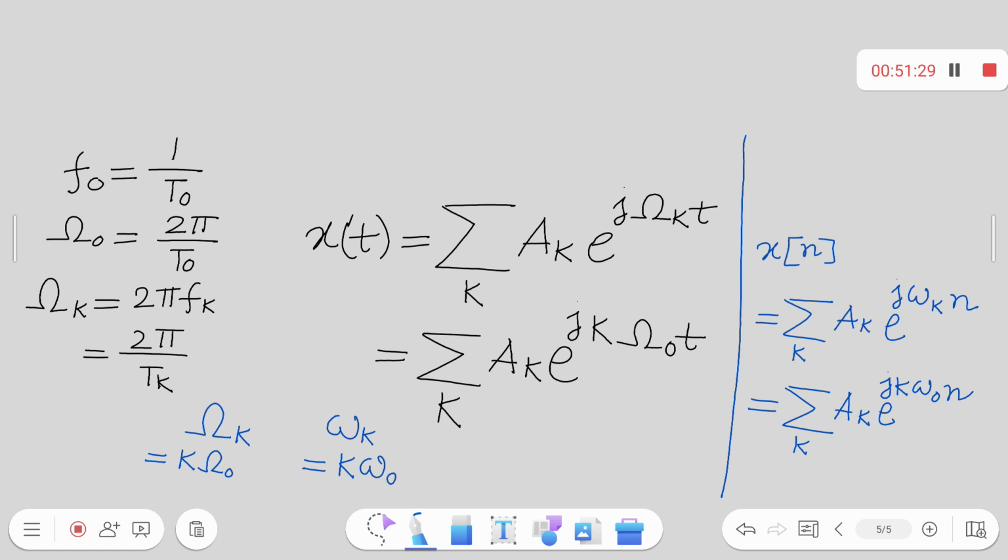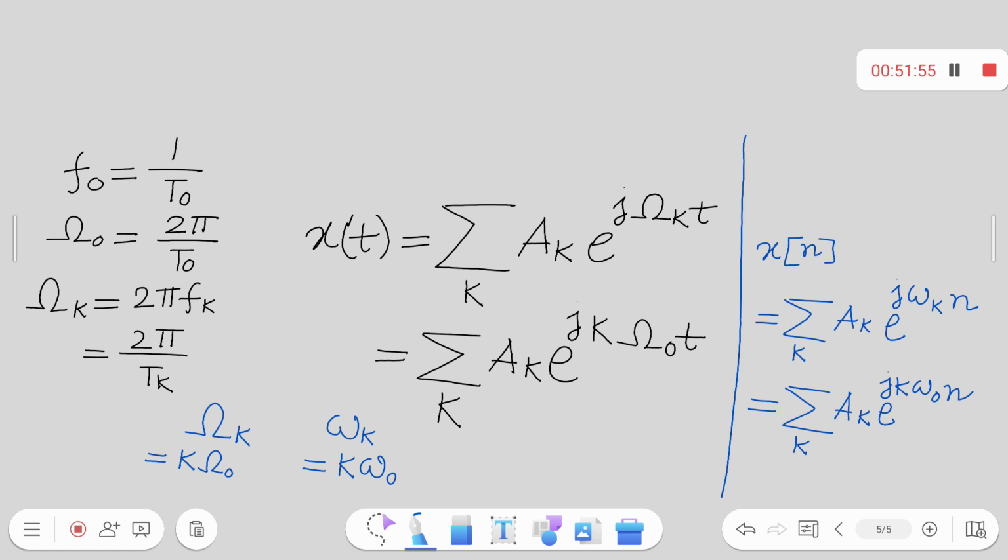But what we have is e to the power j k omega naught n. Although the frequencies k omega naught are distinct, e to the power j k omega naught n is periodic in the frequency index k.